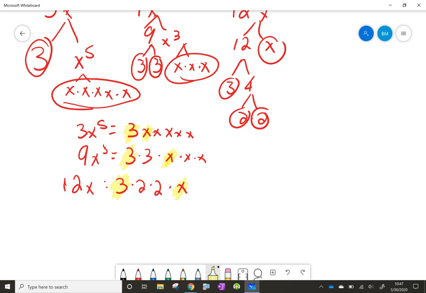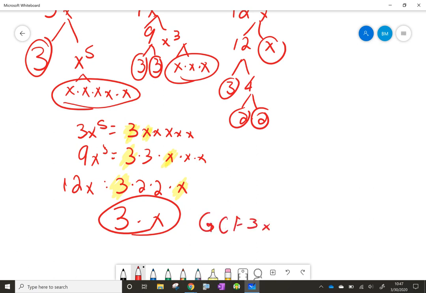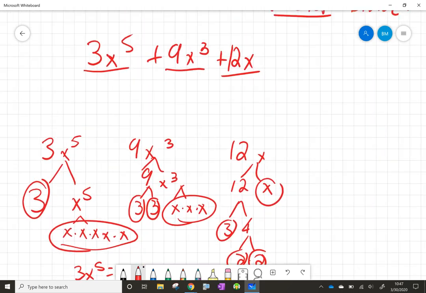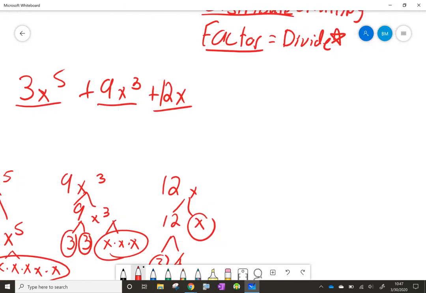It can't just be a pair of 2. Okay? So it has to be between all 3 terms. All 3 terms only have a 3 in common and an x in common, which means the GCF is 3x.